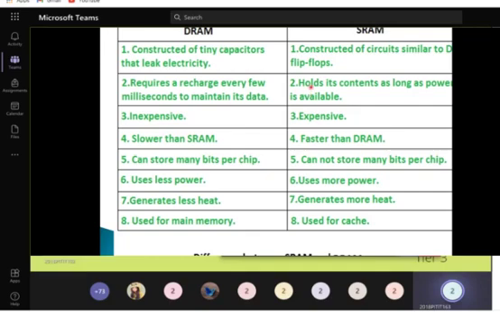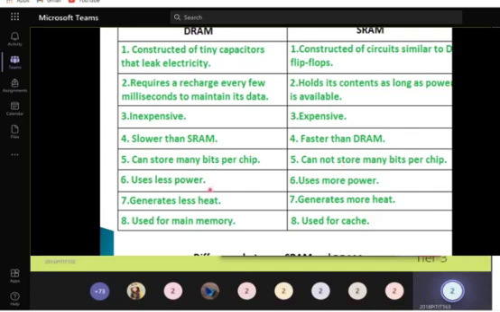DRAM is inexpensive compared to SRAM, and SRAM is expensive. DRAM is slower than SRAM, but SRAM is faster than DRAM. DRAM can store many bits per chip, but SRAM cannot store many bits per chip.